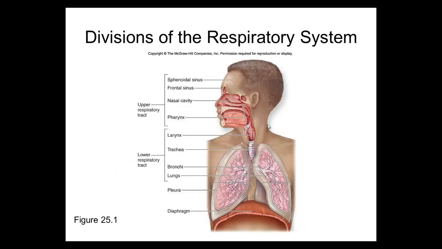Okay, so as I told you earlier, we have the upper respiratory tract and the lower respiratory tract. The upper respiratory tract will be everything all the way till the larynx, and so that will include the nasal cavity and the pharynx. The lower respiratory tract will have the larynx, the trachea, the bronchi, and the bronchioles, and those are the respiratory tracts.